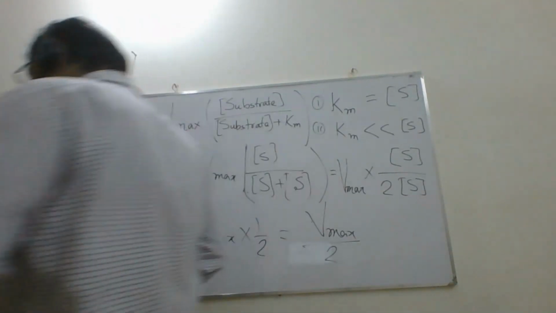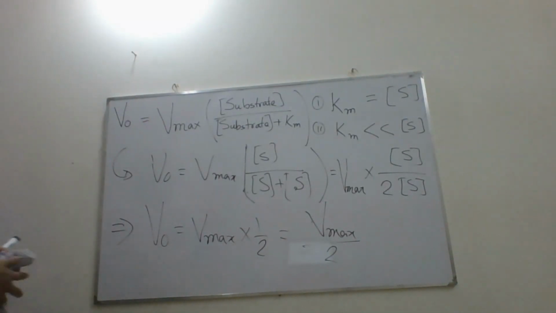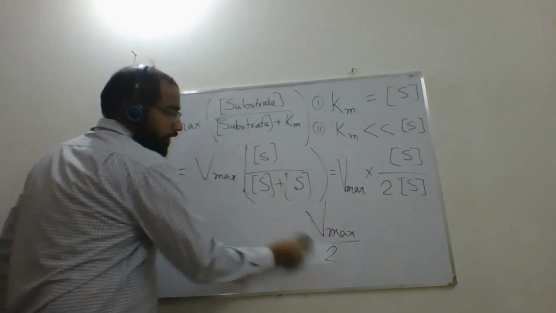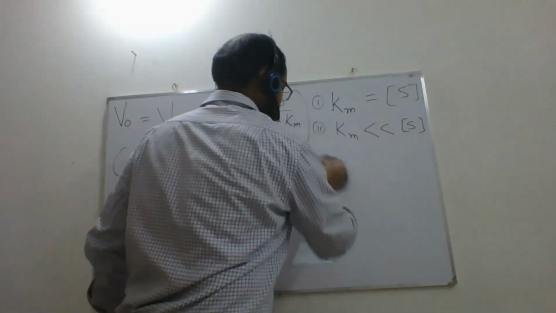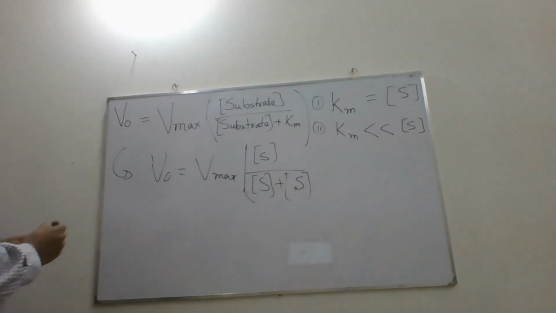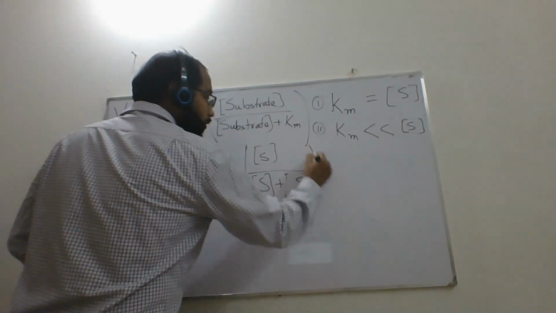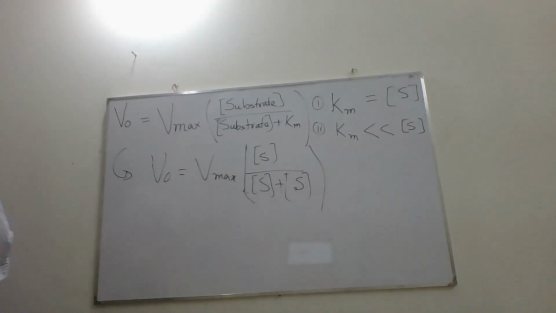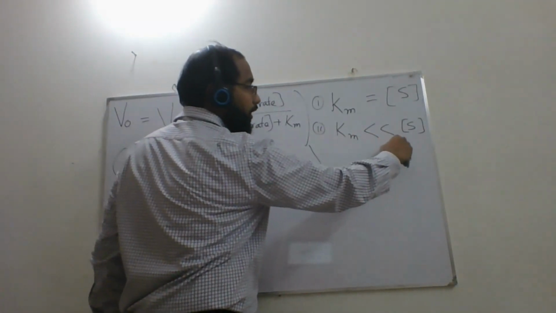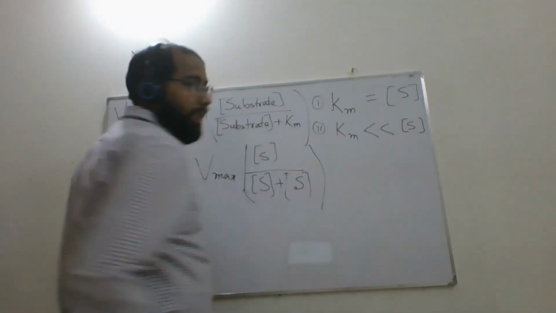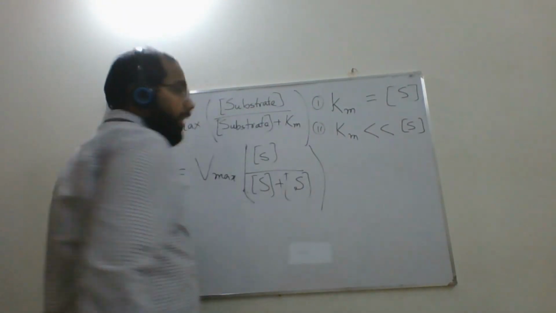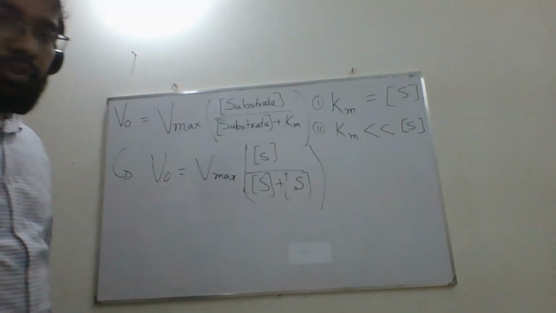Now if we consider the second condition, here you can see, for the second condition Km is very much smaller than S. Now when Km is very much smaller than S, then what will happen?